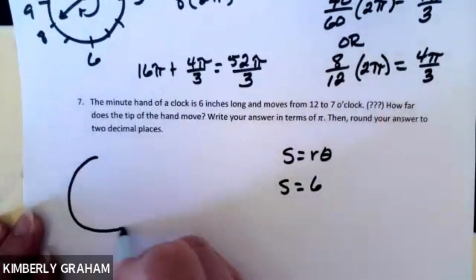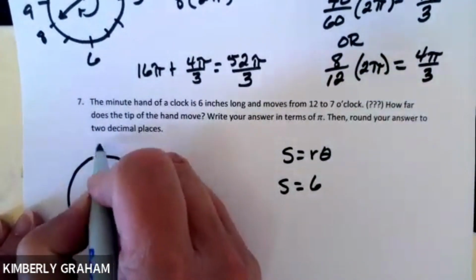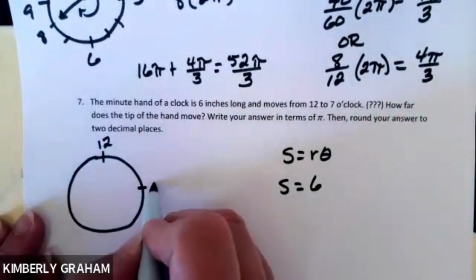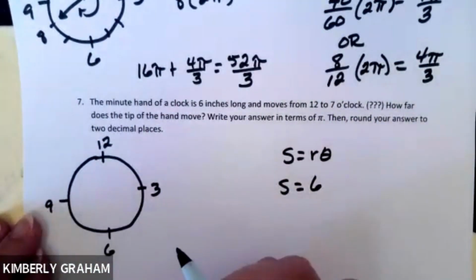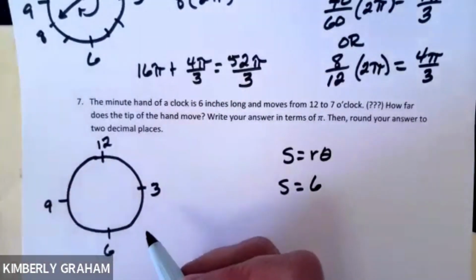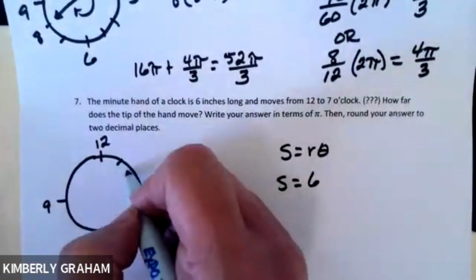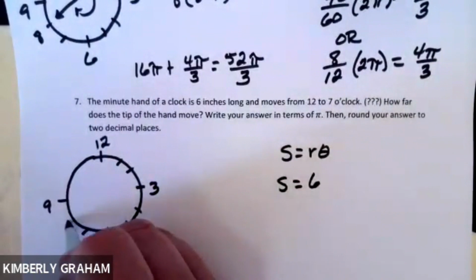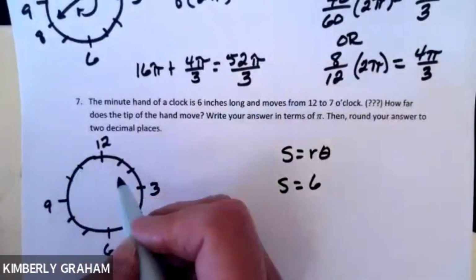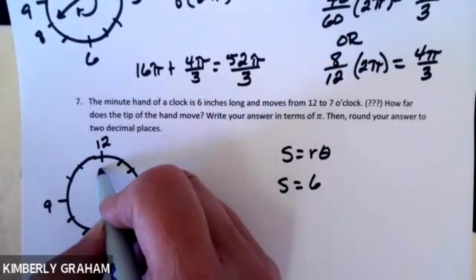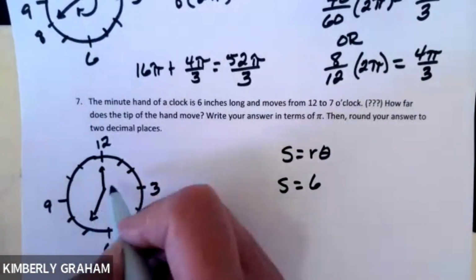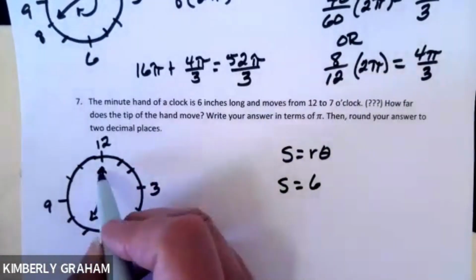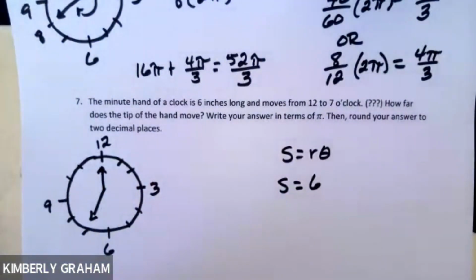Now, I think what the book is wanting you to do is technically incorrect. And let me explain what the book is asking you to do, or my math lab is asking. My math lab is saying that this minute hand is going from 12 to 7, and it's saying it's going 7/12 of a revolution.